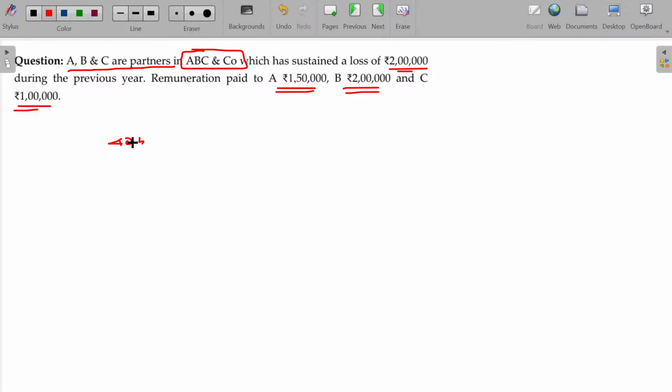Section 40 clause B. For the salary calculation, whichever is higher of actual, being 1.5 lakhs, 2 lakhs and 1 lakh, 4.5 lakhs.